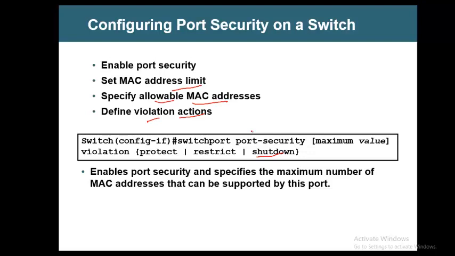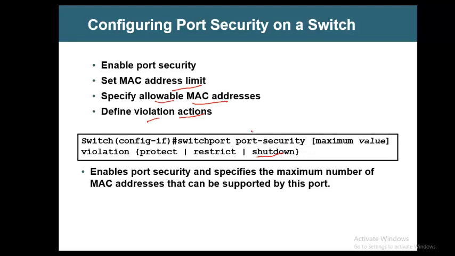To bring it up, the administrator needs to manually log into the switch interface and say shutdown once and then say no shutdown. I repeat, if the port is shut down because of a violation, to bring it up, first of all, we need to shut it down manually by getting into the port and then say no shutdown.